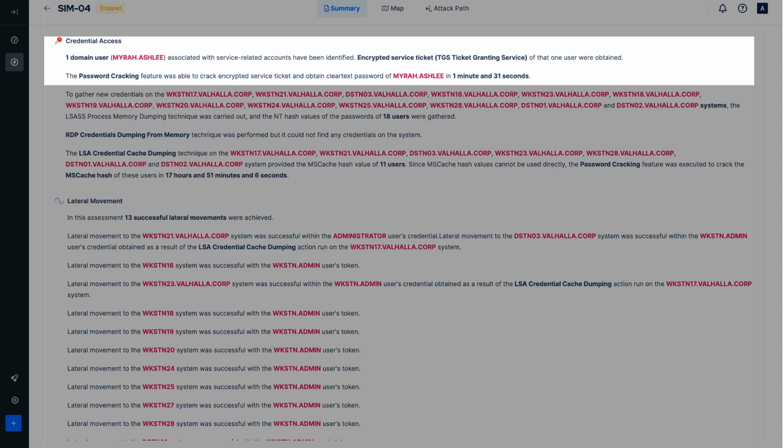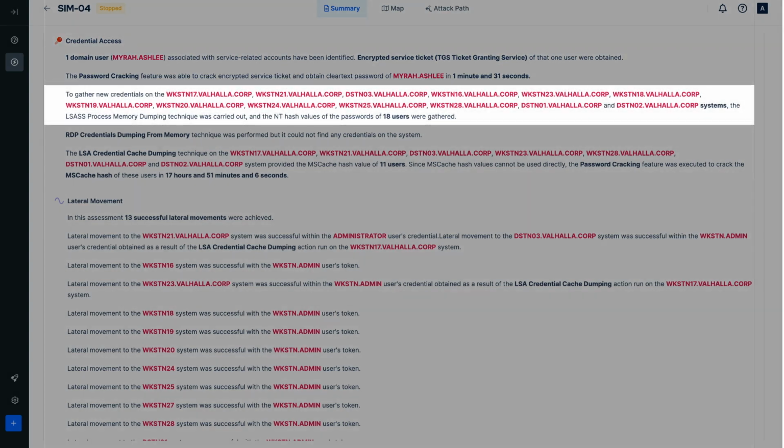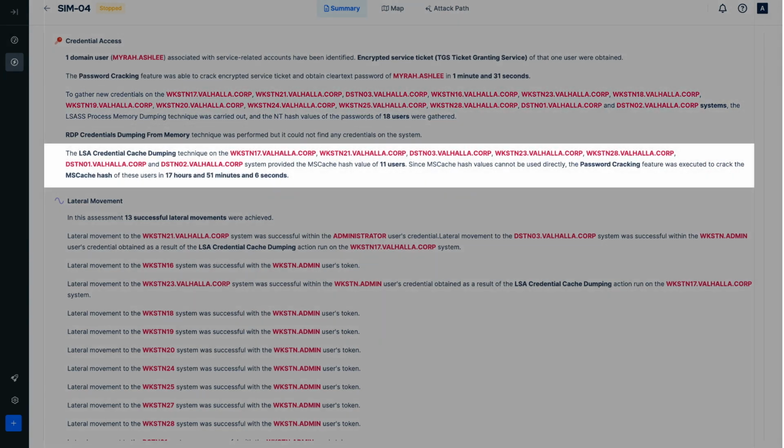Additionally, Picus APV employed the LSASS process memory dumping technique to extract credentials from other systems in the domain and gathered password hashes for 18 users. Lastly, Picus APV exploited the LSA credential cache dumping technique and captured 11 users' MS cache hash from various systems. These captured hashes were then converted into clear text passwords using the offline password cracking feature.